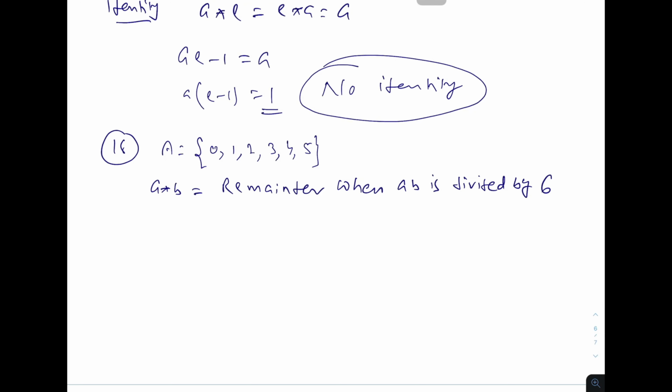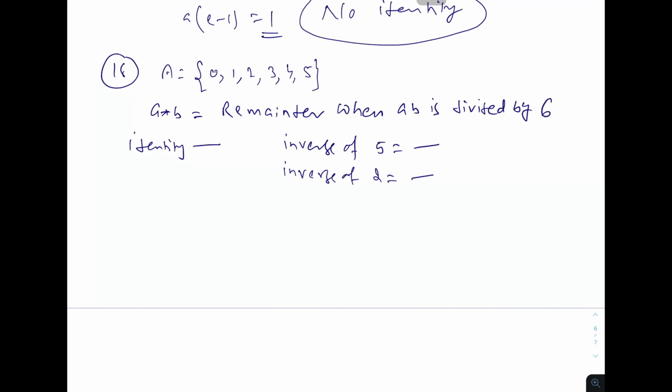The question is: identity is blank, say inverse of 5 is blank, say inverse of 2 is blank. Okay, this kind of examples are there.